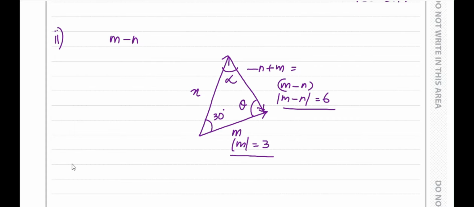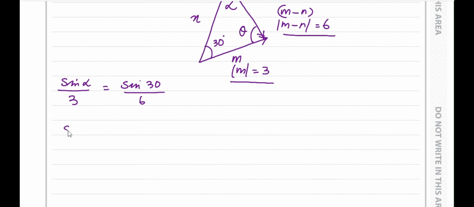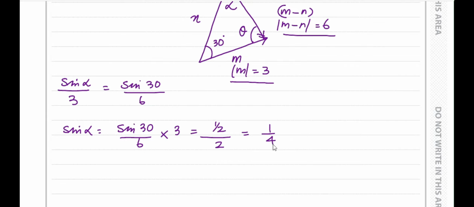Sine alpha over its opposite side 3 equals sine 30 over its opposite side 6, which means sine alpha equals sine 30 over 6 times 3, which is equal to, sine 30 is half and 3 goes into 6 2 times, so that is 1 over 4.